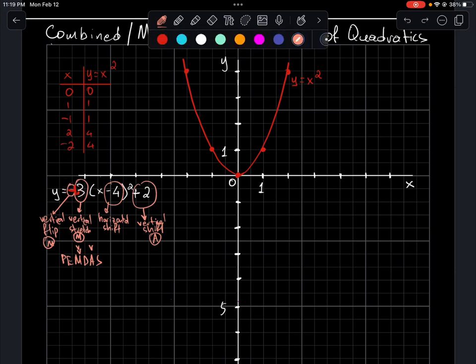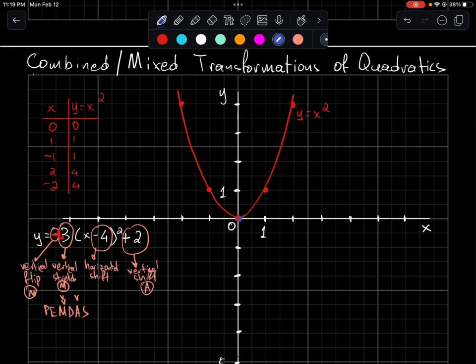And I'll start with the parent function, which is the red one. And I'll do a vertical flip. Now, the vertex is not going to go anywhere. So the vertex stays there. But this point that is 1 unit above is going to go down until it reaches 1 unit below. So it will go here.